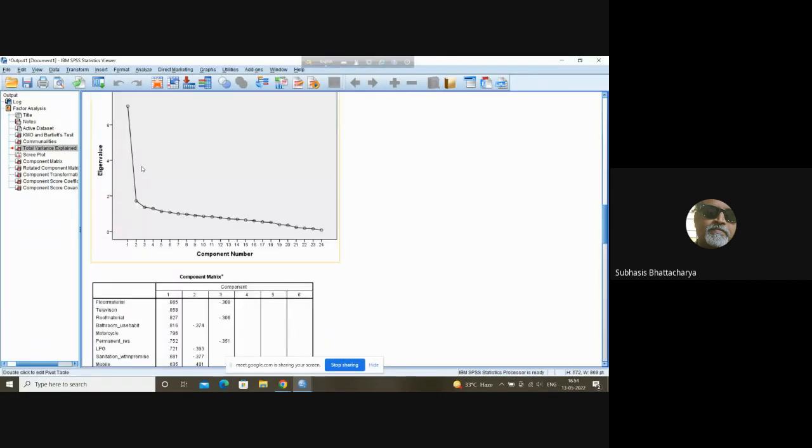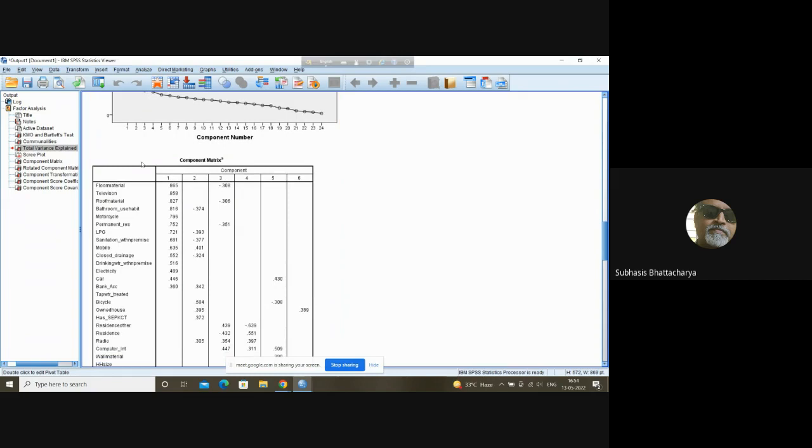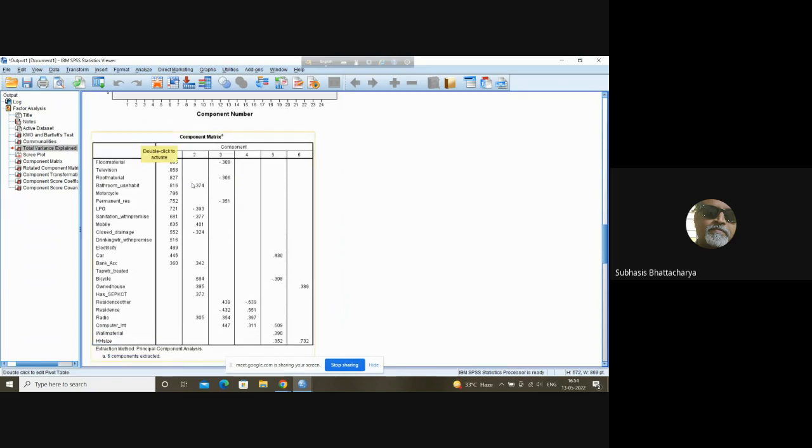So yes, look at the component matrix. The first component chooses which variables? It chooses the floor material, the televisions, the roof material, and bathroom.